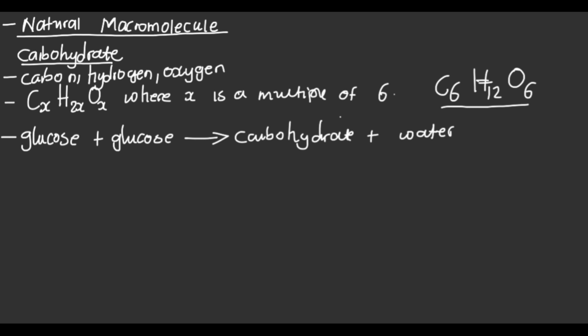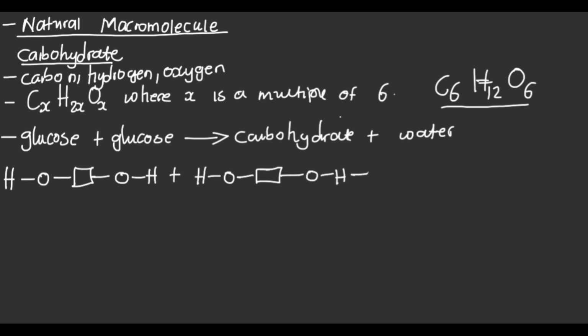Now let's look at the structure of this glucose. So this glucose has this structure where the box denotes 6 atoms of carbon. Since we are using 2, we use the 2 structures only. From there, we need to eliminate the parts that will form water. So from this, we are going to get rid of hydroxide.